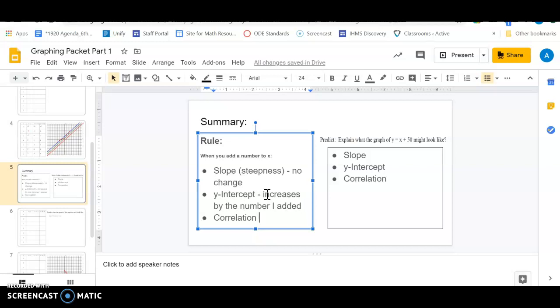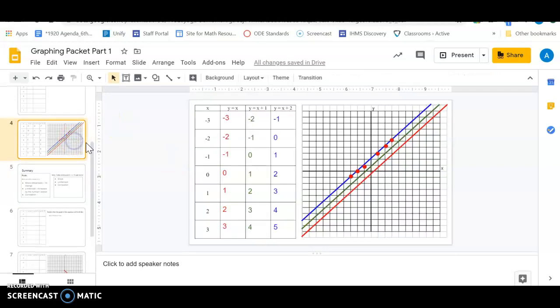And now let's talk about correlation. Correlation or trend is the direction that a line goes. If a line starts low on the graph and rises as I go left to right, we would say it's a positive trend. But if my line started high on my graph and seemed to drop going left to right, we would say that's a negative trend.